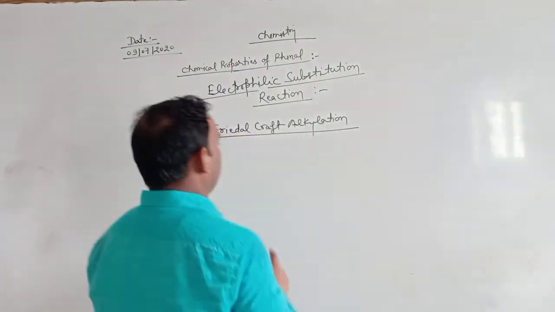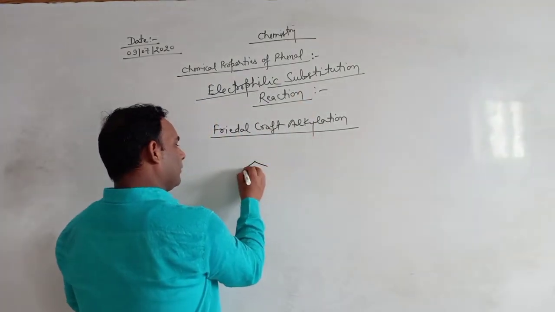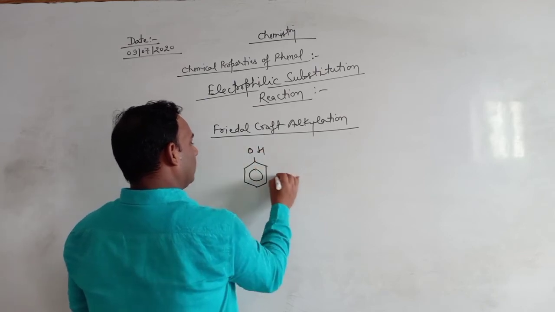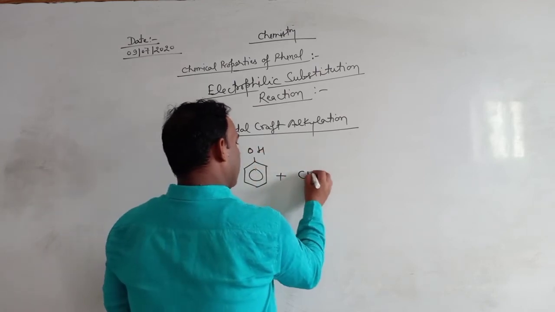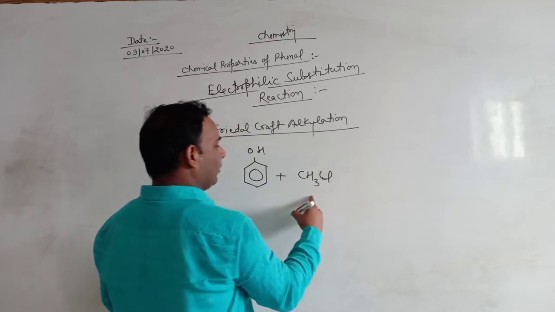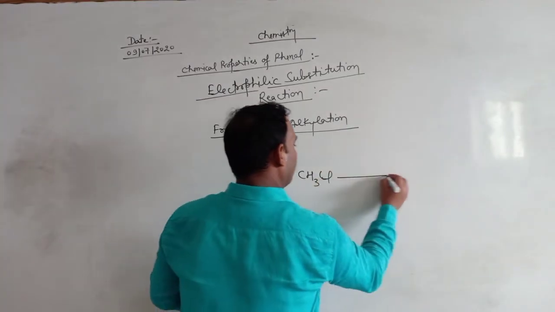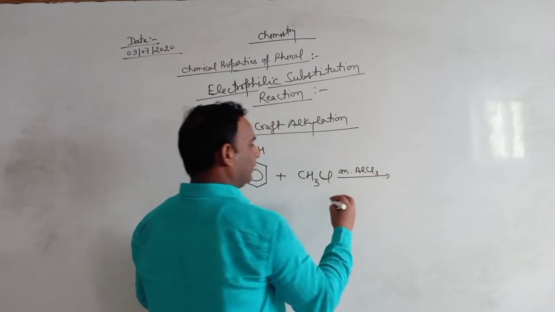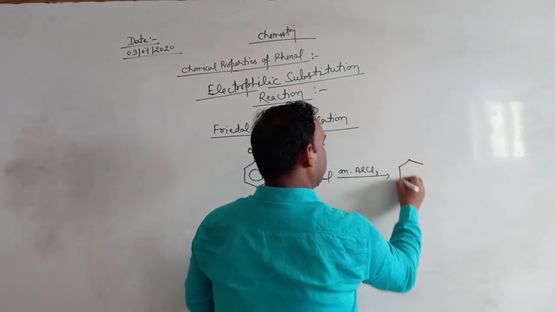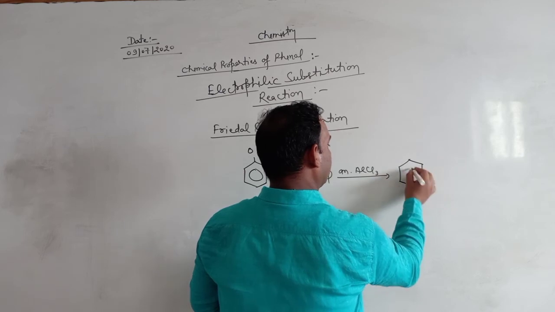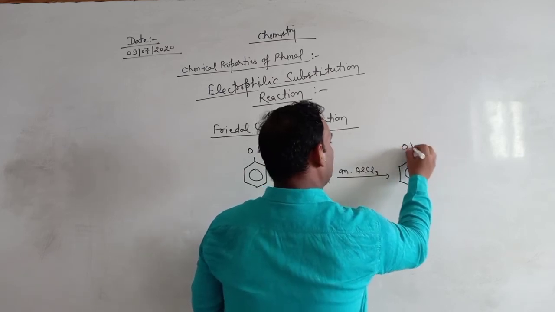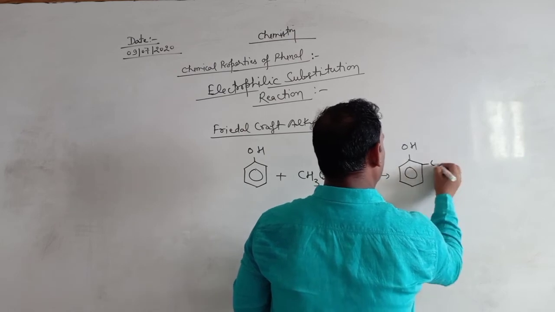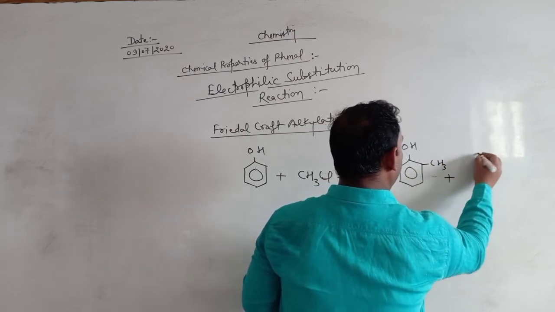Let's see the reaction. When phenol is treated with any alkyl halide like methyl chloride in the presence of anhydrous AlCl3, then we get a mixture of ortho and para derivatives of alkyl phenol.